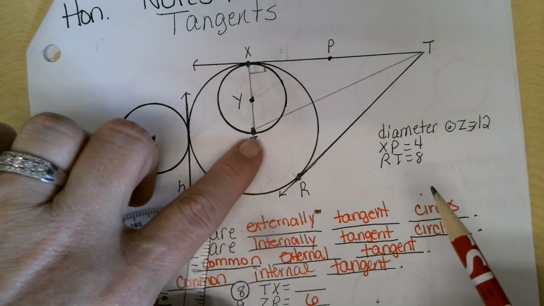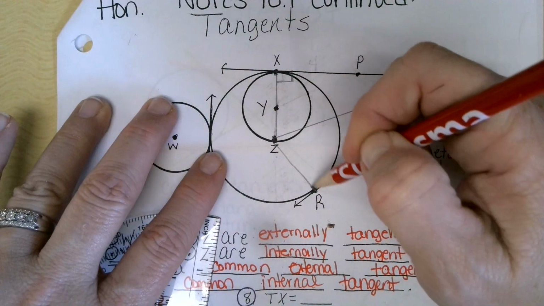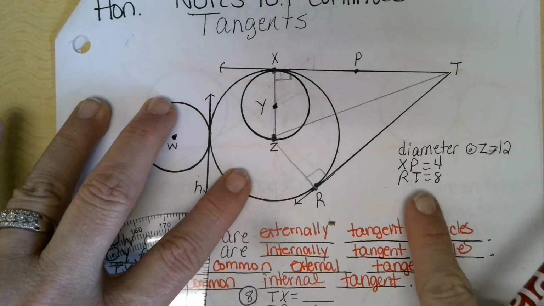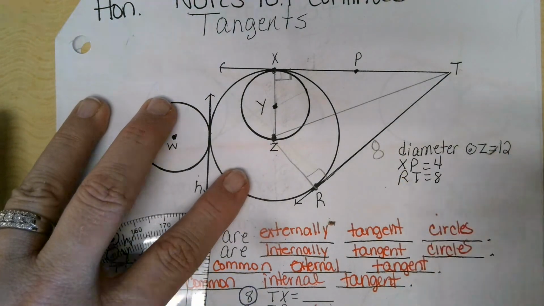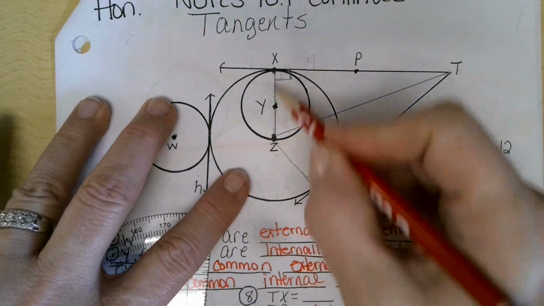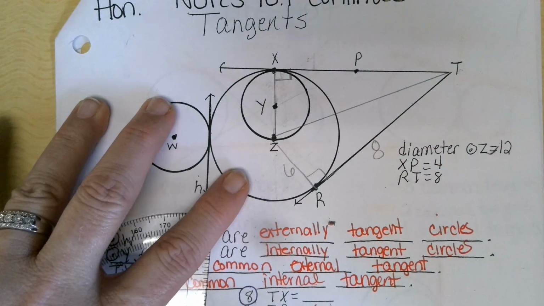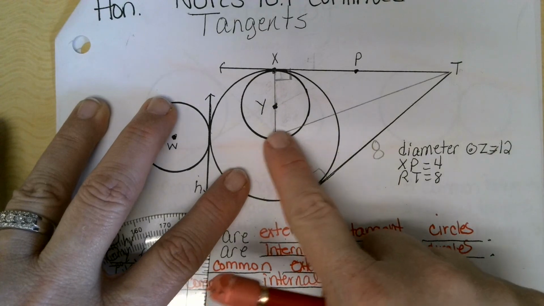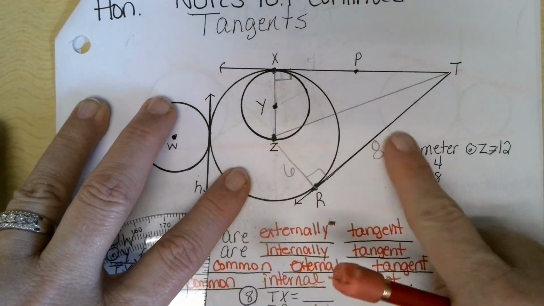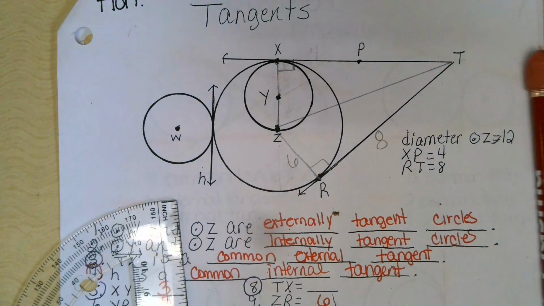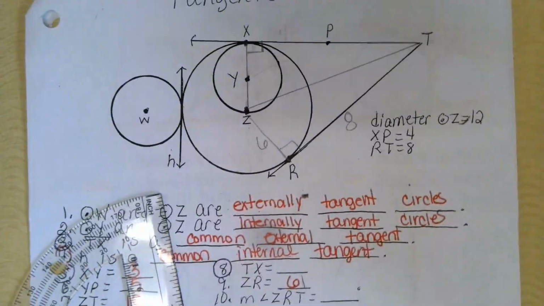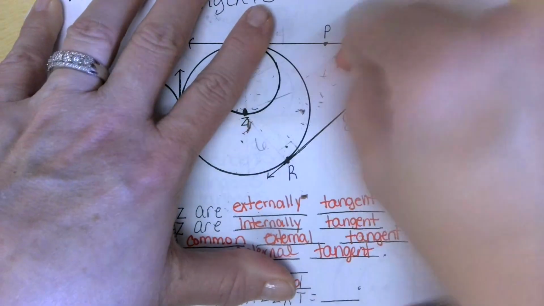I forgot what I was doing. We can use either one of those. So we're told that RT is 8. We are told that before, because the diameter is 12, that ZR is 6. So this is a 6, 8, 10 triangle, 6, 8, 10. So that means ZT is 10. All right, see what we're doing here? Let's get rid of all this.